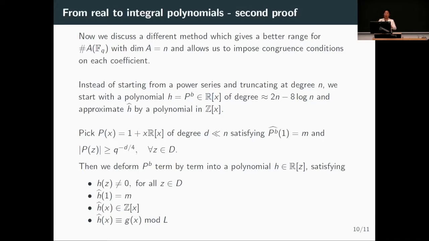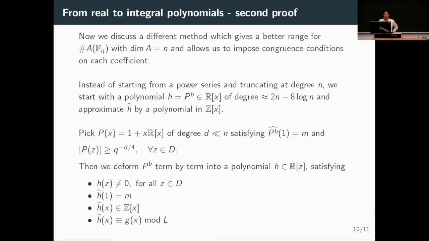This gives us a lot more freedom, and I think this is the major reason this method results in a better bound inside the Hasse-Weil interval. We take a polynomial of almost degree 2n with real coefficients, and now we approximate it with an integral polynomial term by term.